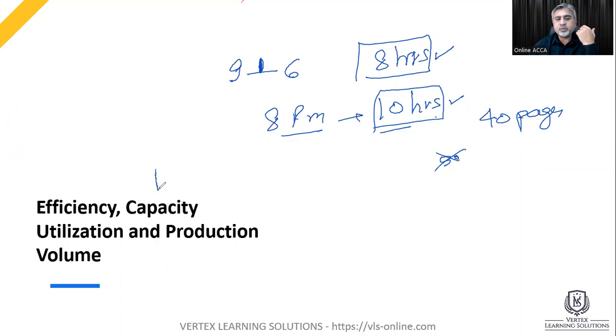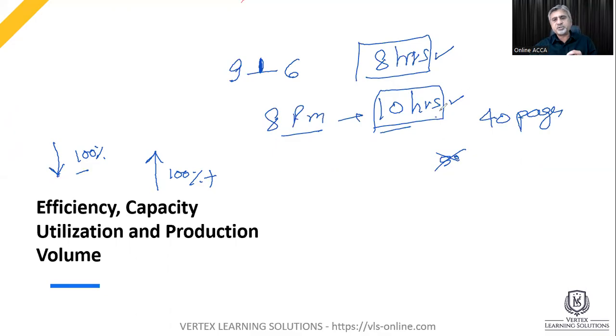So your capacity ratio will be more than 100%, because instead of giving 8 hours, you gave 10 hours. But your efficiency ratio is less, and that should be less than 100% because your speed was not enough. You were working slow, although you were working for a lot of time, but you were not working as fast as we expect you to work.